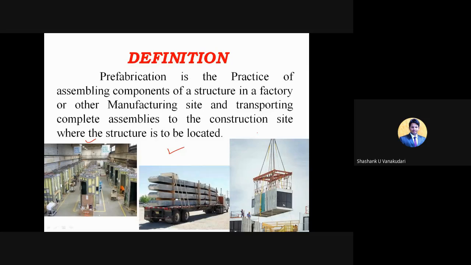So together these three concepts define the prefabrication process: structural elements are manufactured in a factory, transported to the construction site through different vehicles, and then placed at the required location through hoisting equipment. This process we call prefabrication.